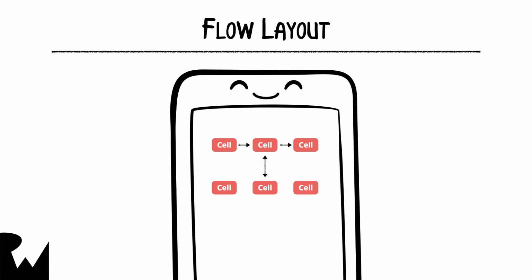Once you have the item sizes locked down, you can then use the flow layout to specify the minimum spacing between items on the same line and on successive lines. Keep in mind that this spacing is the minimum spacing, and in practice, the layout object may increase spacing to a value greater than the one you've specified. This can be confusing if you're not familiar with it, so here's a quick primer.